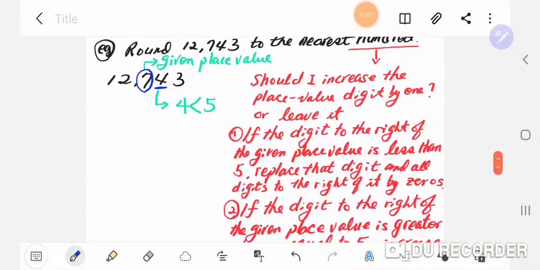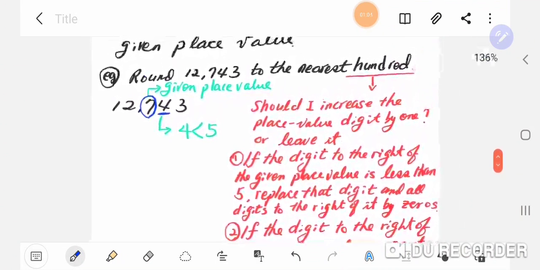So first consider whether the digit in the 100 place value should be increased by 1 or not. Always compare the next digit, the digit to the right of the place value.